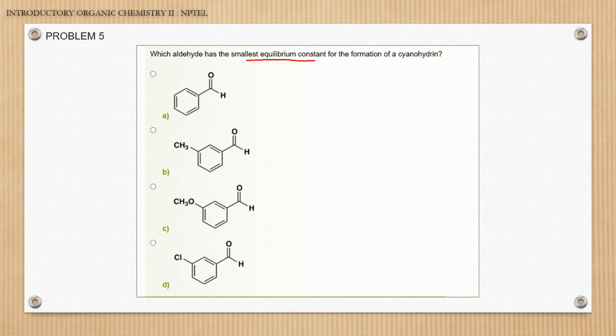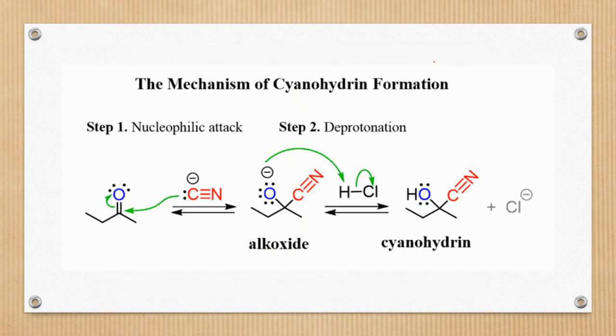Okay. So for that, you need to know what cyanohydrin is. The mechanism of cyanohydrin formation follows this pathway. So just connect with this pathway, then connect with this mechanism, and then you will get to know which aldehyde has the smallest equilibrium constant for this particular reaction. Okay. So what will happen in the cyanohydrin reaction?